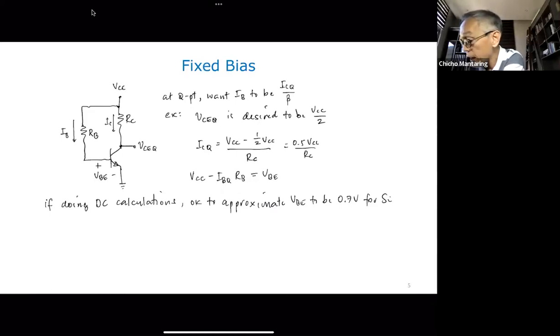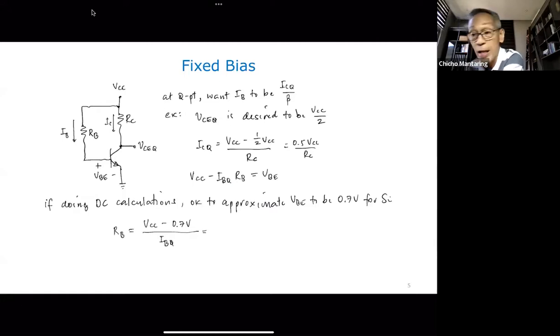So I can now compute for R sub B. That's VCC minus, in this particular case, if this is silicon, 0.7, all over IBQ.